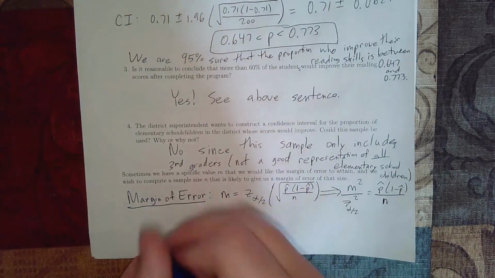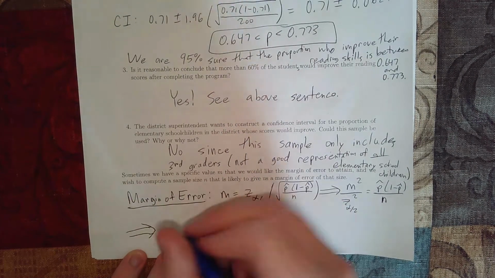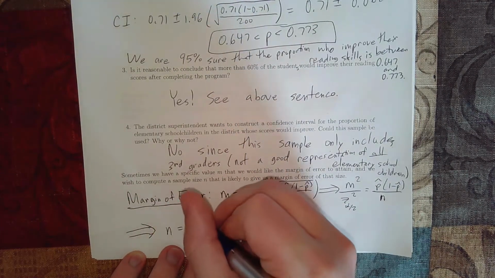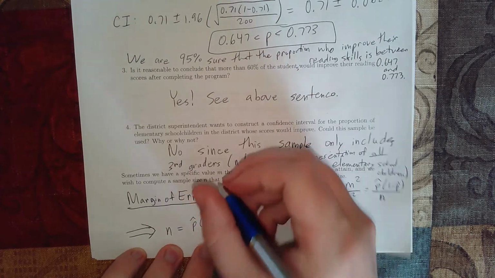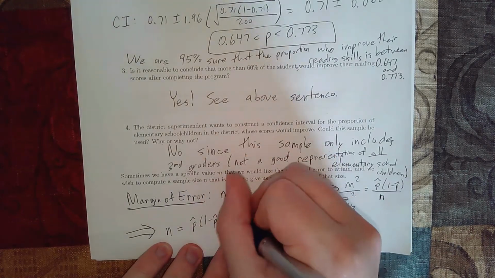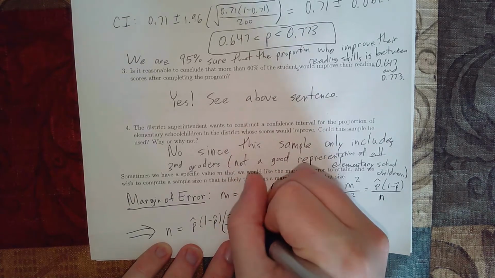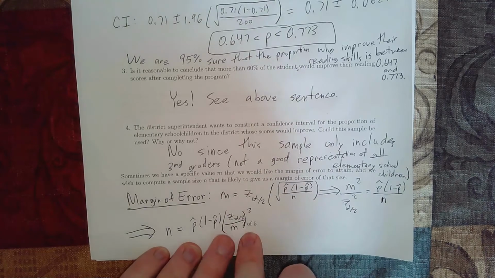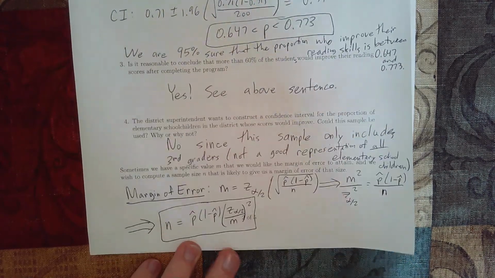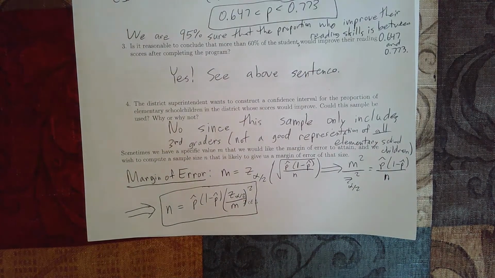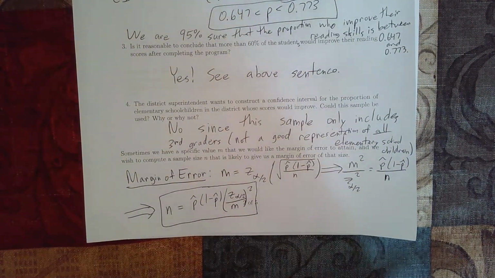And so solving for n will end up being p hat times 1 minus p hat times z sub alpha over 2 over m, whole quantity squared. And so we want to figure out, based on what we know our margin of error is, what our sample size should be.